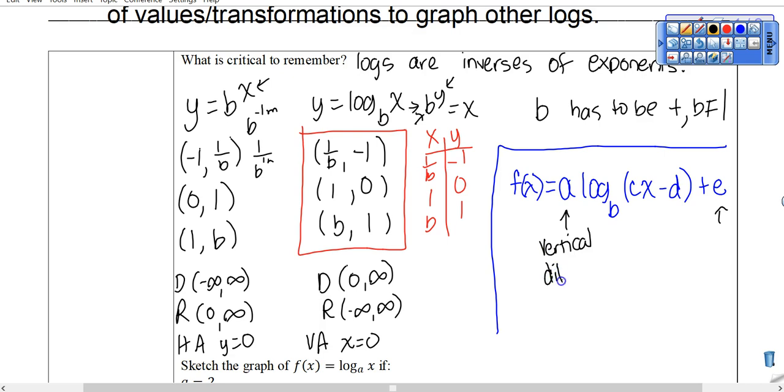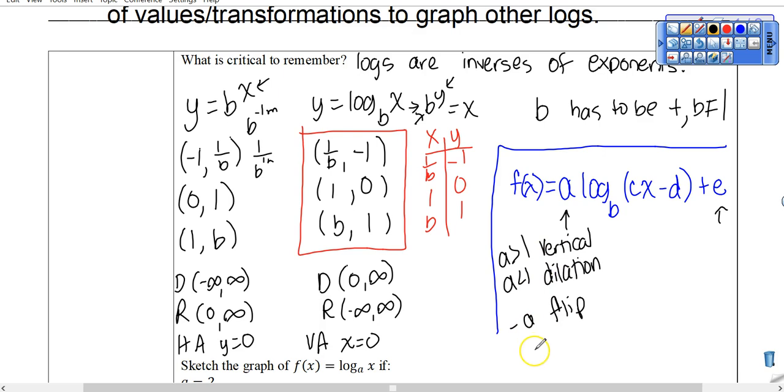So I'm just going to put dilation to cover both of them, and also could be a vertical reflection or a flip. If it's negative, right? If it's a negative a, you flip it. Okay? And then if it's greater than 1, you stretch it, and if it's less than 1, you compress it. So remember that. So that's A.